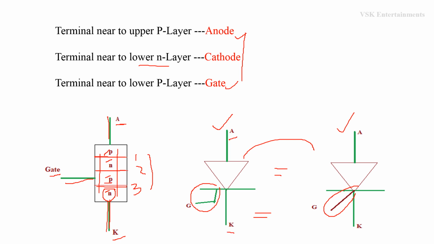That's the difference between the PN junction diode and the SCR. This is the introduction of the SCR. In the coming lecture, we are going to discuss the working and characteristics of the SCR. The total power electronics subject depends upon the working and characteristics of the SCR. Thank you.